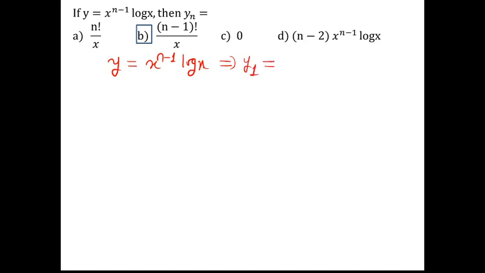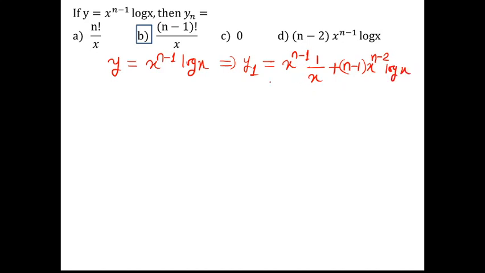Here y1 is equal to, on the right hand side we apply the product rule: x raised to n minus 1, and then the derivative of log x is 1 by x, plus the derivative of x raised to n minus 1, which is n minus 1 times x raised to n minus 2, and then log x as it is.